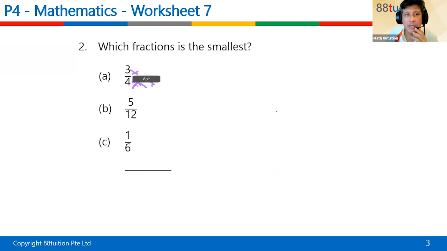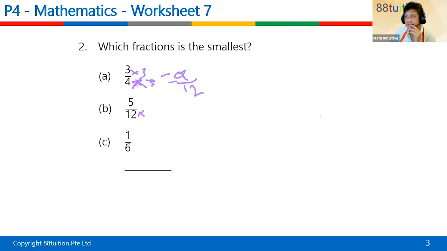So he's multiplying the numerator by 3 as well. Yes, so his first fraction gets us 9 out of 12. Abir's second one no need to do because the denominator already 12, right? So can compare already.